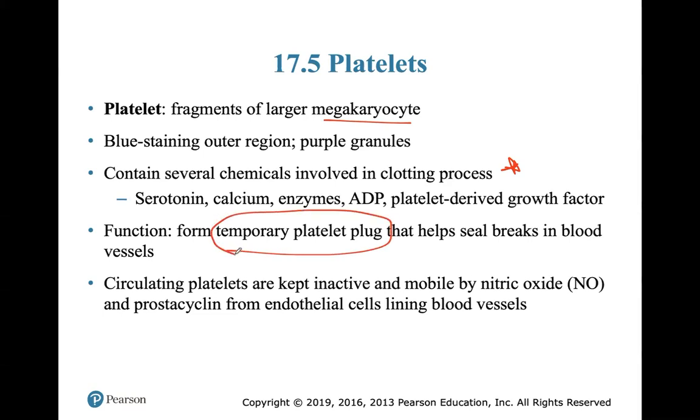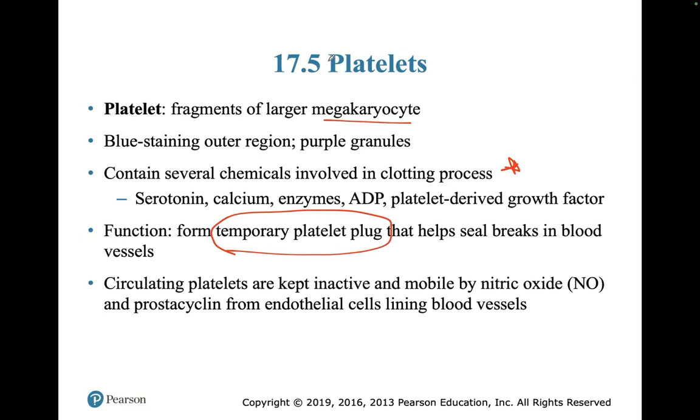When you have a tissue injury, you start losing blood immediately, and after a few minutes, that blood clots. Why? Because platelets gather in that area and make sure that area is temporarily repaired, because it will take time for the tissue to completely repair.